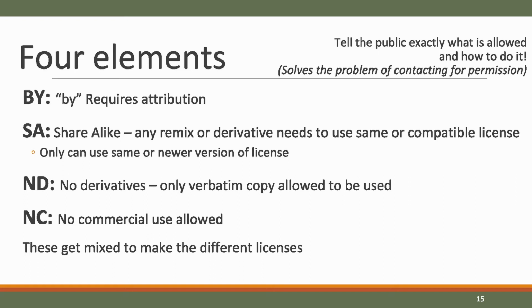You have to quote it verbatim, or if it's a figure, you have to exactly reproduce the image. You're not allowed to remix it or change it. And NC is saying no commercial use. I'm giving it away for free, you're not allowed to charge money for it. So these 4 options can get mixed and matched together, and they create 6 different types of license.